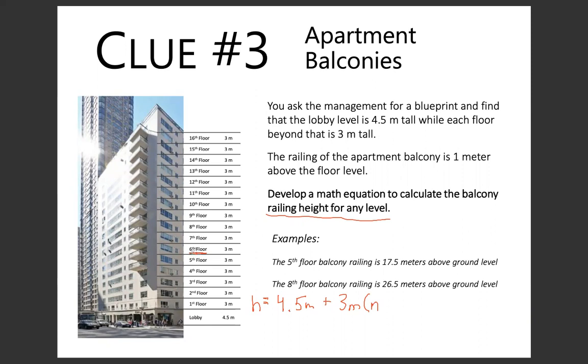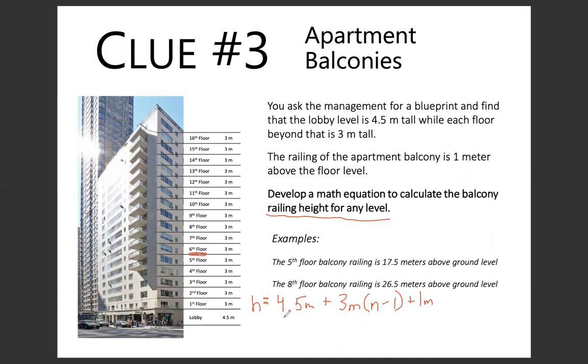You're basically standing on the ceiling of the 5th floor. So if you're at the 6th floor, you're really standing on top of the 5th floor. So it's really n minus 1. Your height is n minus 1 floors. And then you are up 1 additional meter, because of the balcony railing.